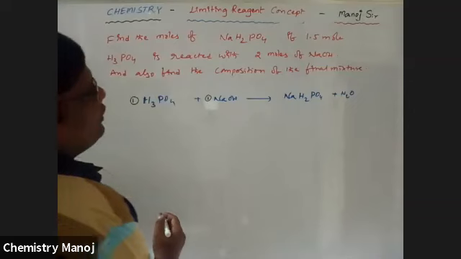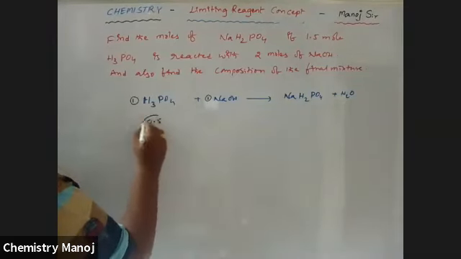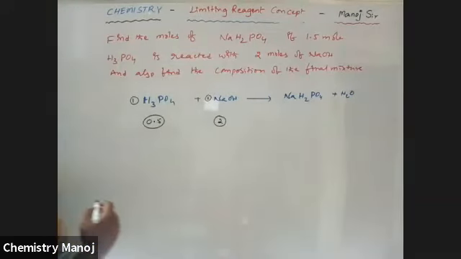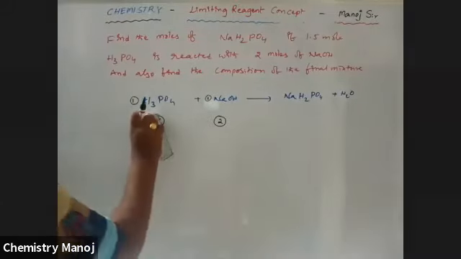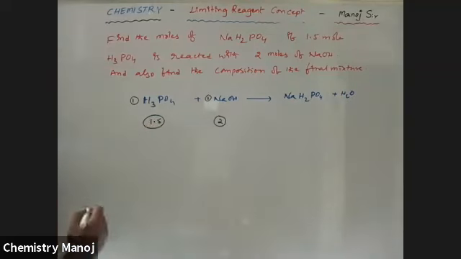But here 1.5 moles of H3PO4 reacts with 2 moles of NaOH.